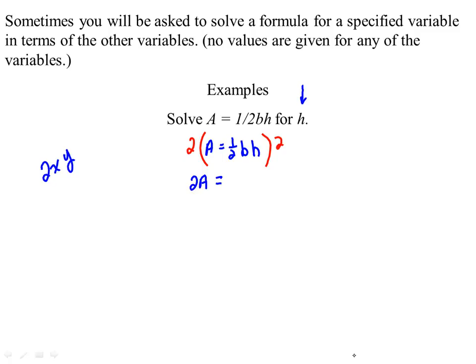If I multiply 2xy times 2, what do I get? We don't multiply the 2 times the 2 times the x times the y. We don't get 4, 2x, 2y. But anyway, on the right-hand side, when you multiply 1/2 times that 2, what happens? It cancels out. That's the whole point. So on the right-hand side, you're going to be left with b times h.